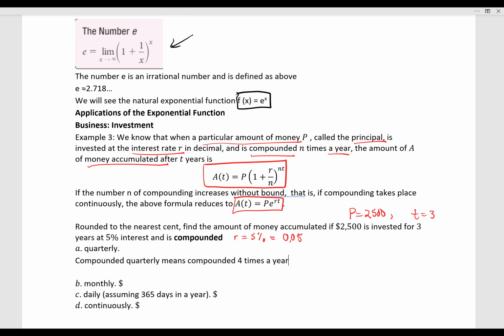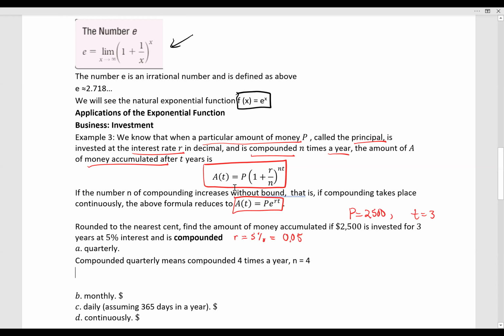So n here equals 4. And I'm going to apply the first form, because this clearly tells me how many times you compound a year. A equals P times (1 plus r over n) to the power nt.